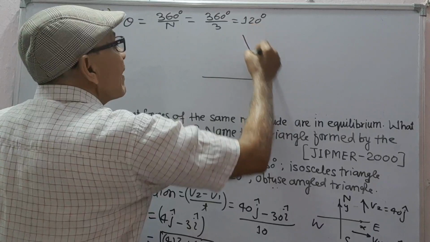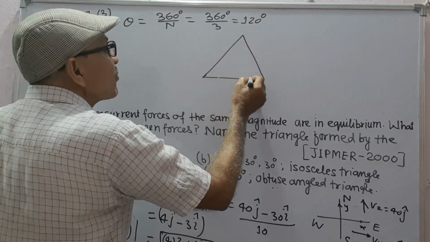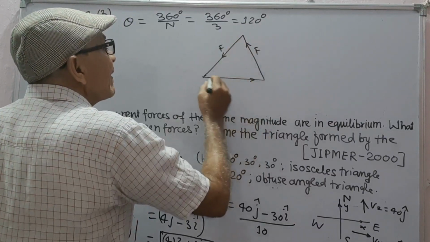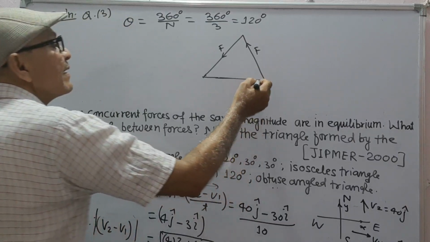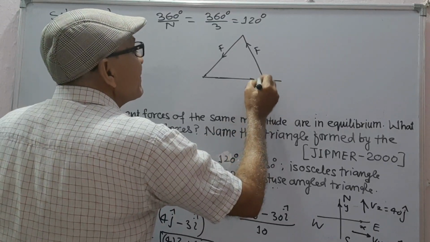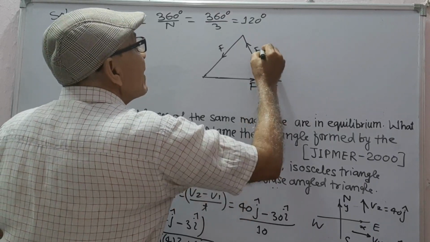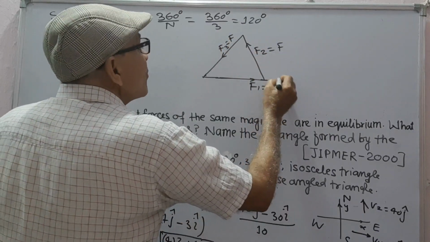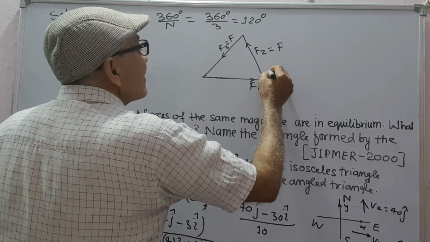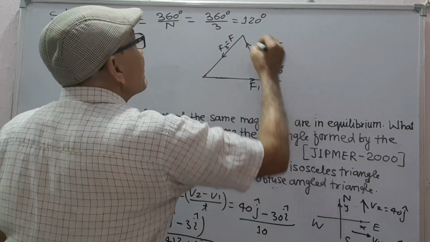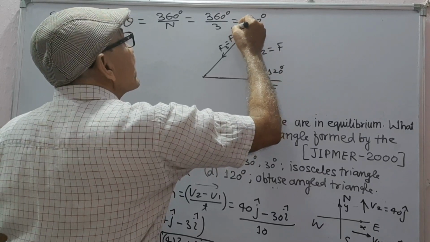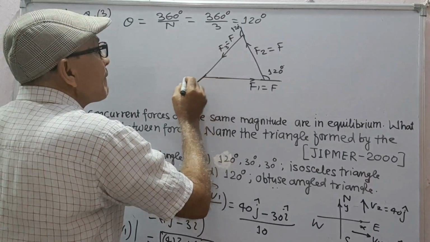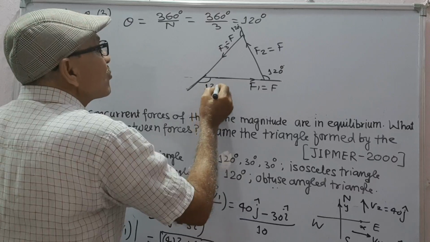These three equal forces F can be represented by this is F1 is equal to F, F2 is equal to F, F3 is equal to F. So this is equilateral triangle where this is 120 degree, this is 120 degree, and this angle is 120 degree.